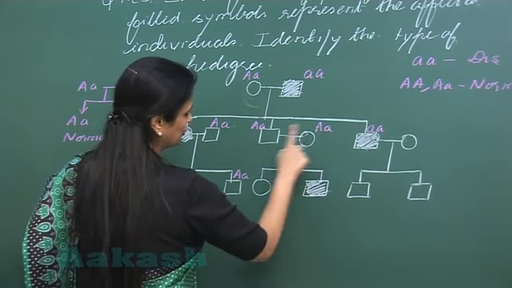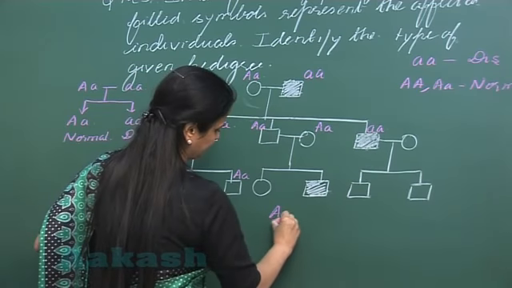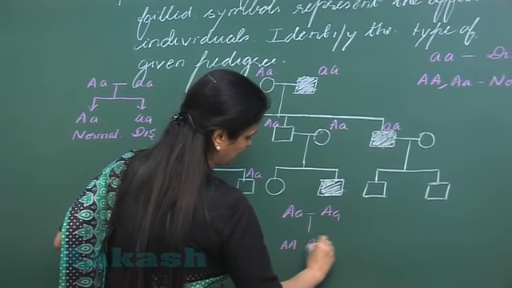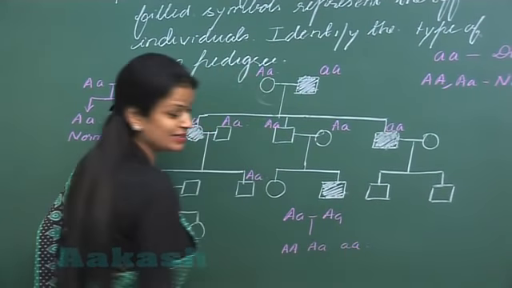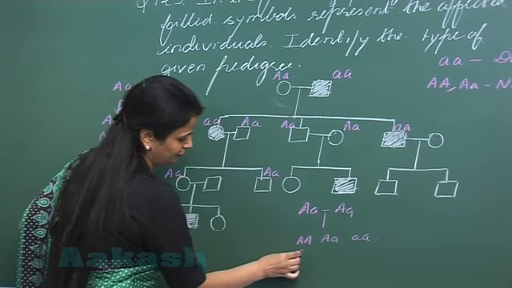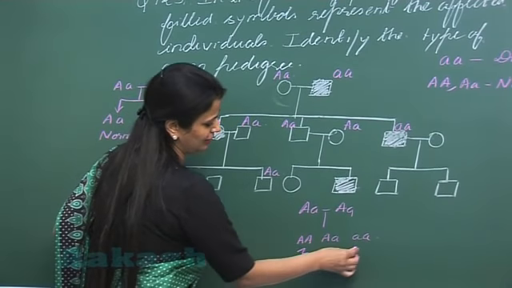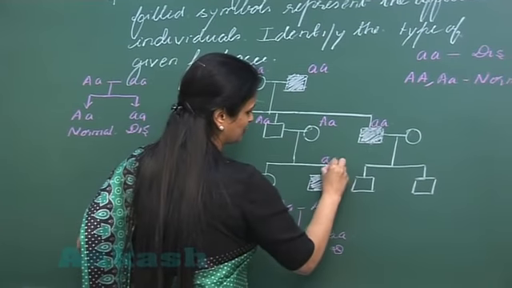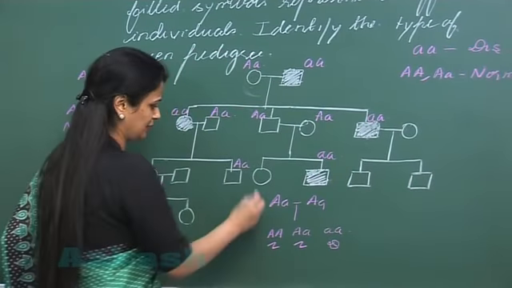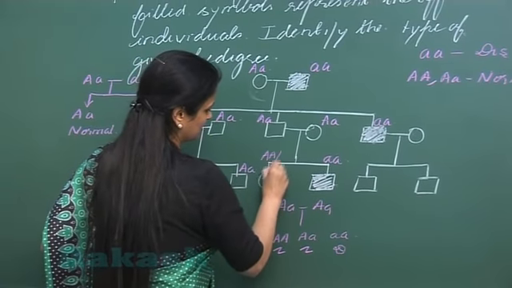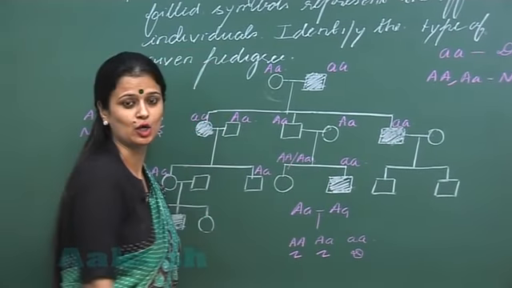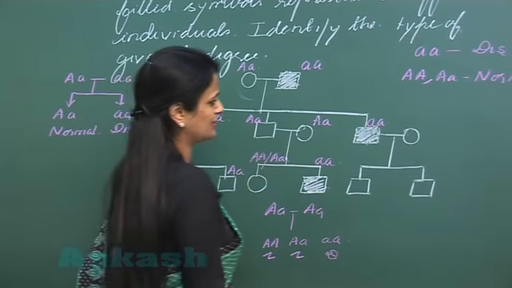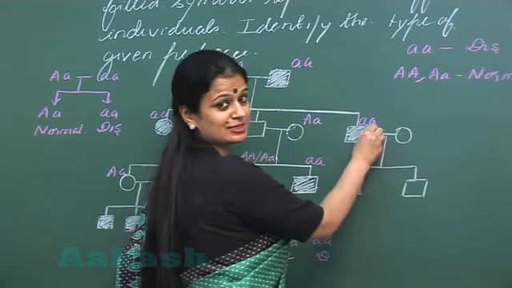If these are the genotypes, then you know that three types of zygote can be formed, normal, normal, and this one is diseased. So surely the diseased one is homozygous recessive, this one can be homozygous dominant or heterozygous normal. Now coming to this condition, the disease is homozygous recessive.